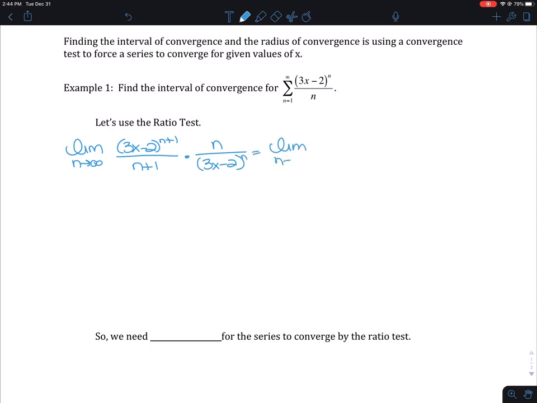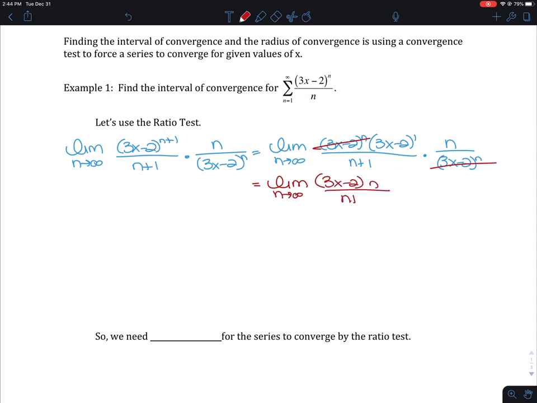Limit as n approaches infinity, (3x minus 2) to the n power times (3x minus 2) to the first power, all divided by n plus 1, times n over (3x minus 2) to the n power. What I notice is that my (3x minus 2) to the n powers cancel out. So what I'm left with is the limit as n approaches infinity of (3x minus 2) times n over n plus 1.